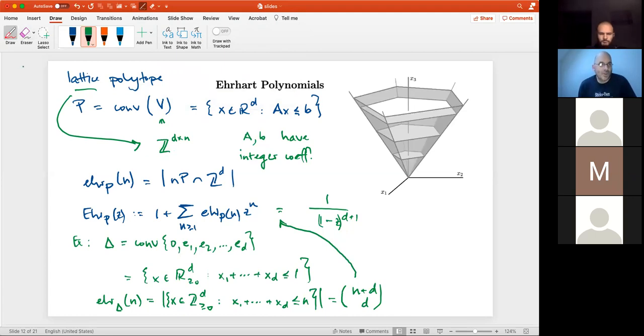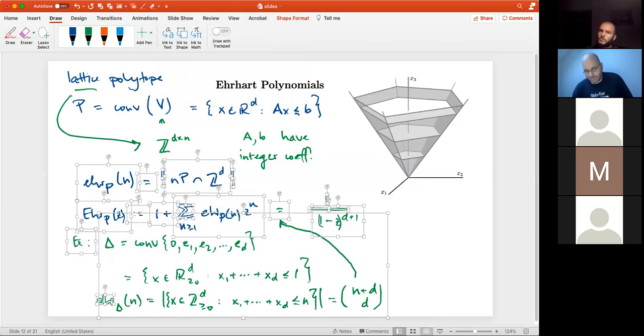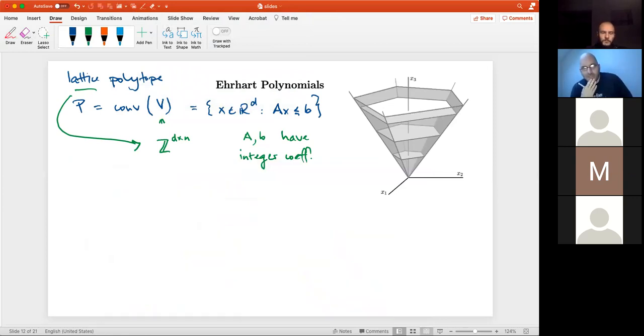Okay, but what sort of constructions do you do to compute these quantities? An important construction is what you see in this picture over here. I like to call this the homogenization of my polytope.